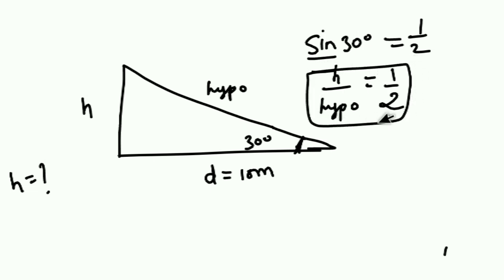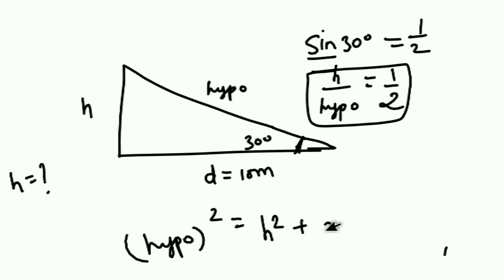Now we will consider the Pythagoras theorem: hypotenuse square is equal to one side square plus second side square. Since this is a right angle triangle, we can use the Pythagoras theorem here.